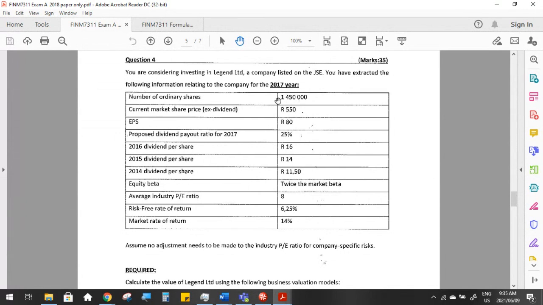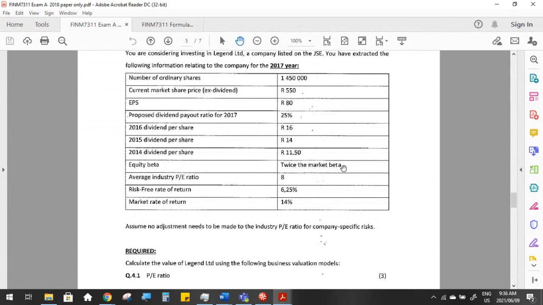The number of ordinary shares in issue, the current market price, ex-dividend, which means after the dividend has been paid, the EPS for the 2017 year, the proposed dividend payout ratio, which means what percentage of the earnings per share is going to be paid out as a dividend, and then the previous 3 years, from 14 to 16, what the dividend was. The beta of Legend Limited is twice the market beta.